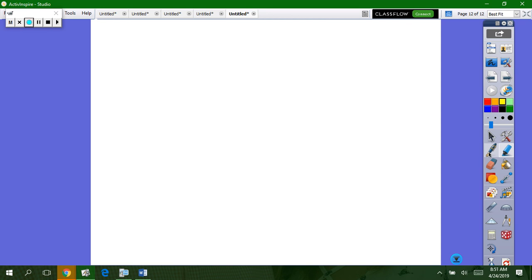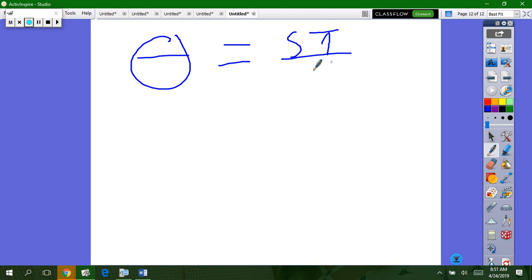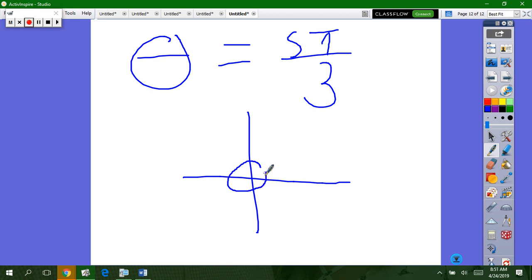Now here's another one. What if I just told you theta is 5 pi thirds? That means it doesn't matter your radius, you're always going to be on what? 5 pi thirds, right? What if your radius was negative? It'd be going where?